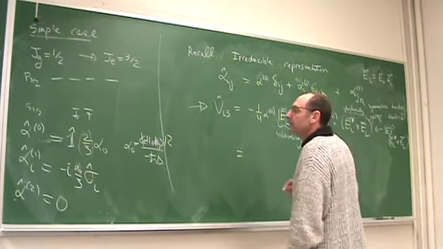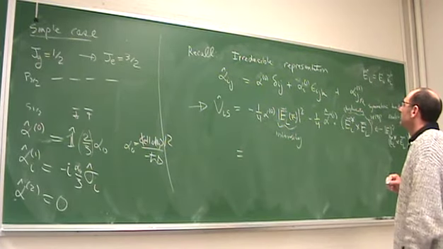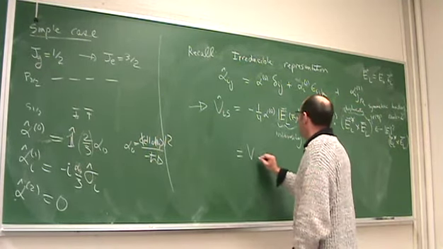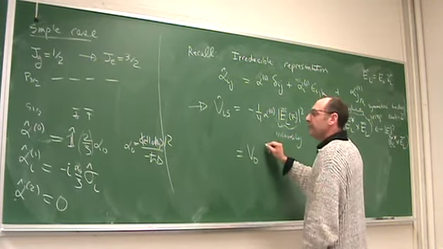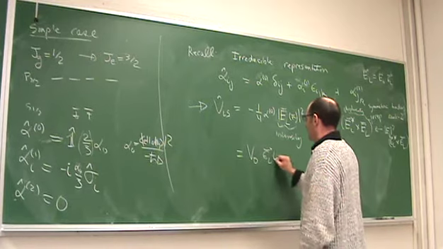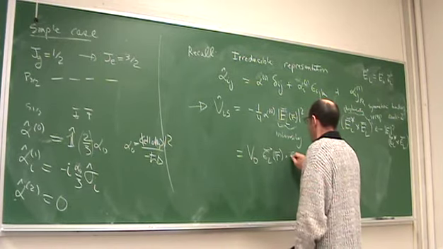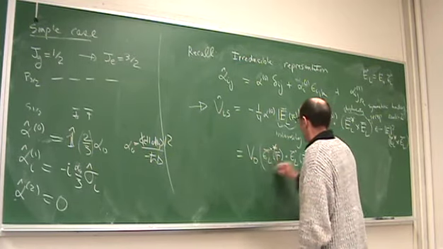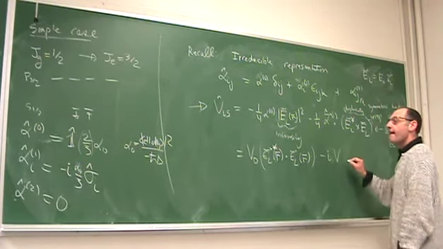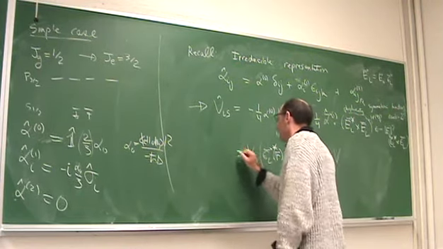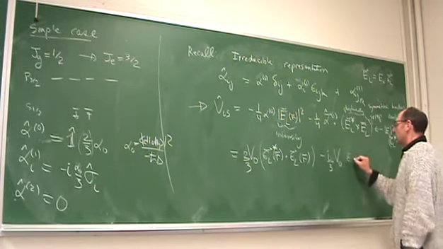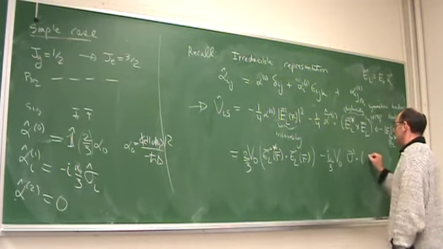So this becomes equal to something I'll call V naught times, no, there's 2/3 here, and the 1/3 V naught sigma dotted into epsilon star cross epsilon.